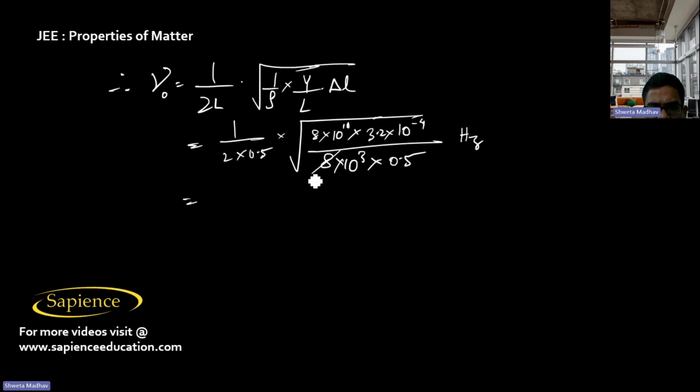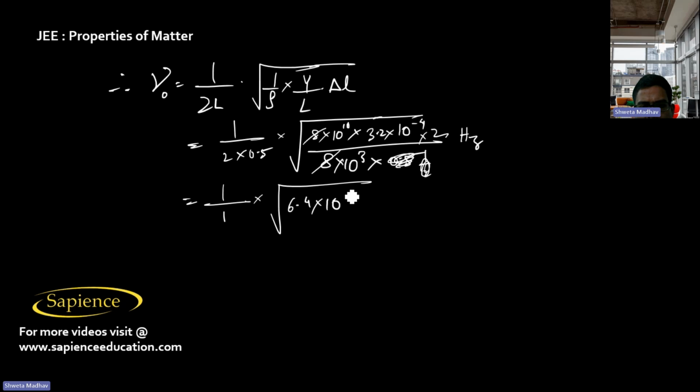Now we have to calculate this. 8 will cancel. Then 1 by 2 into 0.5 is 1. To root over 6.4 into 10 power 10 minus 4, that is 6, 6 minus 3 is 3.